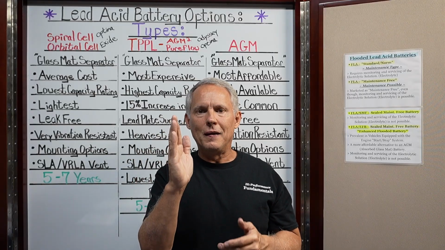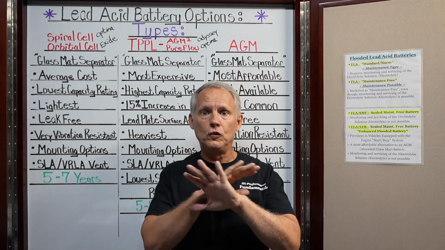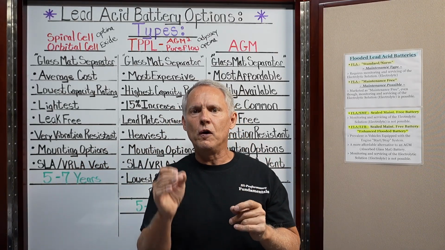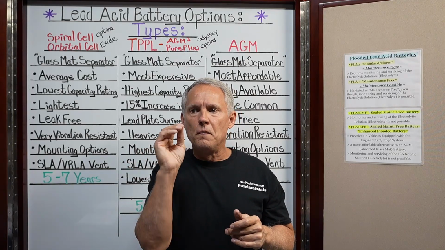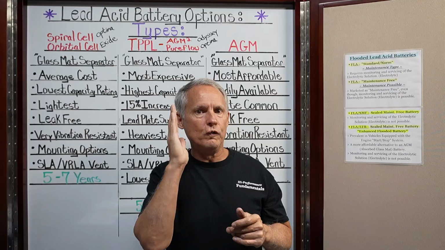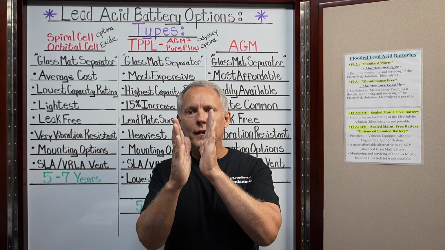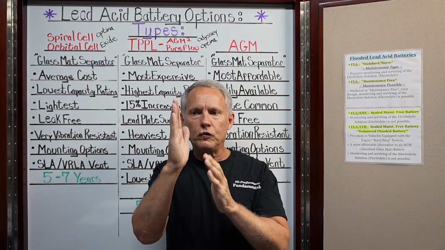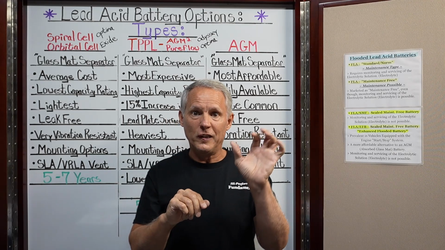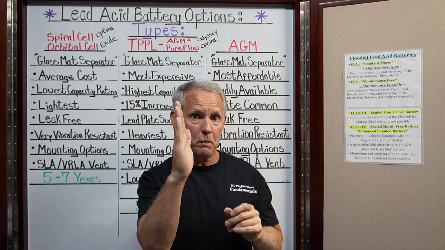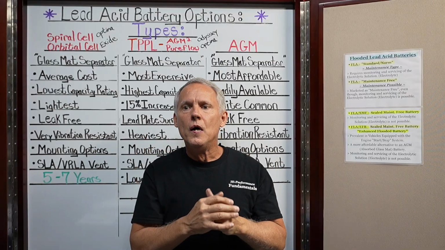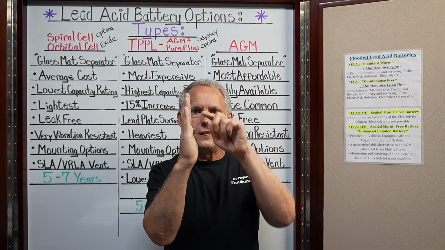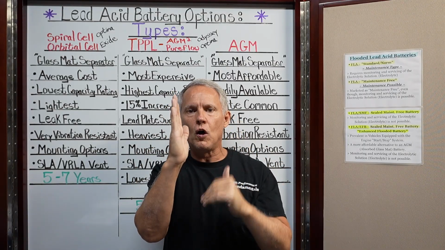Now, what you have to understand about the electrolyte, and we're going to have a video based on just battery electrolyte, because there's so much to know about it that I think it deserves its own video. But one of the things it does is it helps to cool those plates, right? It needs to be in contact with that plate. Also, the electrochemical reaction that takes place between the electrolyte and the surface of the plate, the chemical reaction taking place to create voltage and electrical energy, becomes non-existent on the surface of the plate where the gel is not contacting it.